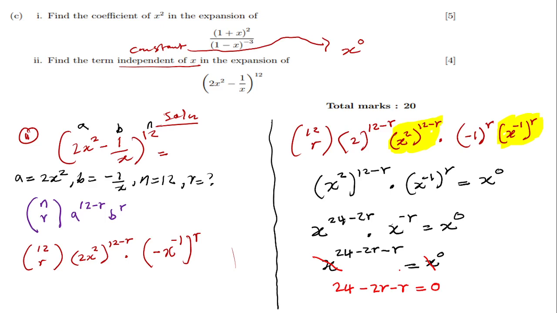So how do you find now the guy there? How do you find the 12 combination 8?